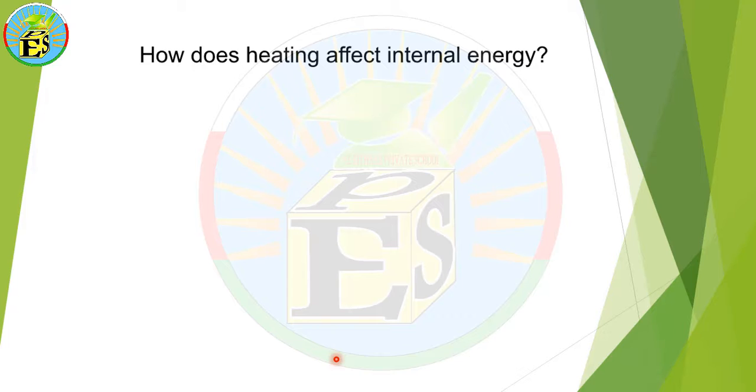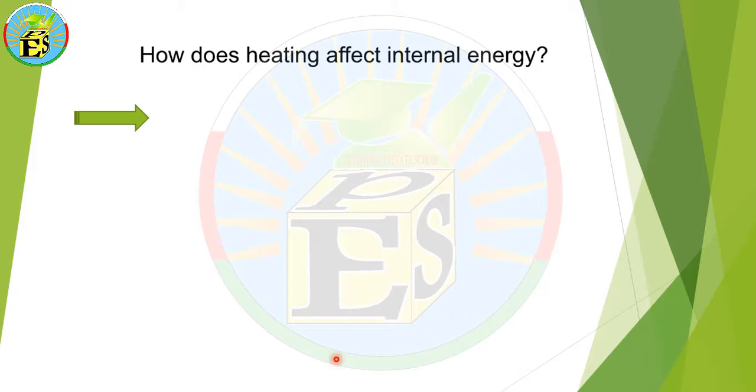How does heating affect internal energy? We said internal energy may be potential energy and kinetic energy. Kinetic energy increases with increasing velocity. So when we heat a material or any matter, what will happen to the particles of the matter?